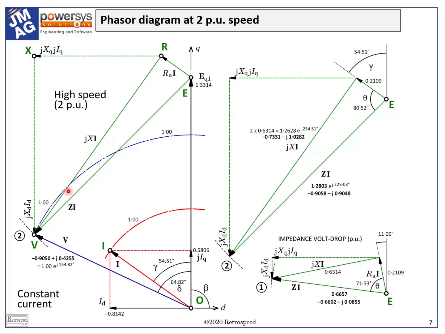It is in the magic of the control engineer that to get from case 1 to case 2, at 1 per unit speed to 2 per unit speed, this point V really needs to creep round the voltage limit circle without ever going outside it.